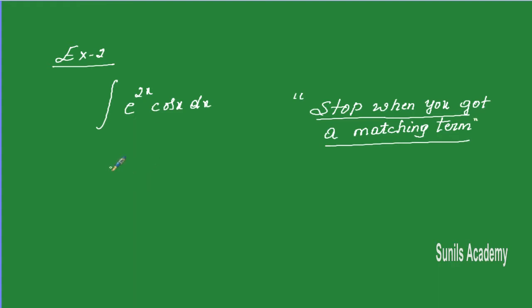We construct the two columns, one for the derivative and one for the integral. The first function you take as e to the power 2x, and cos x.